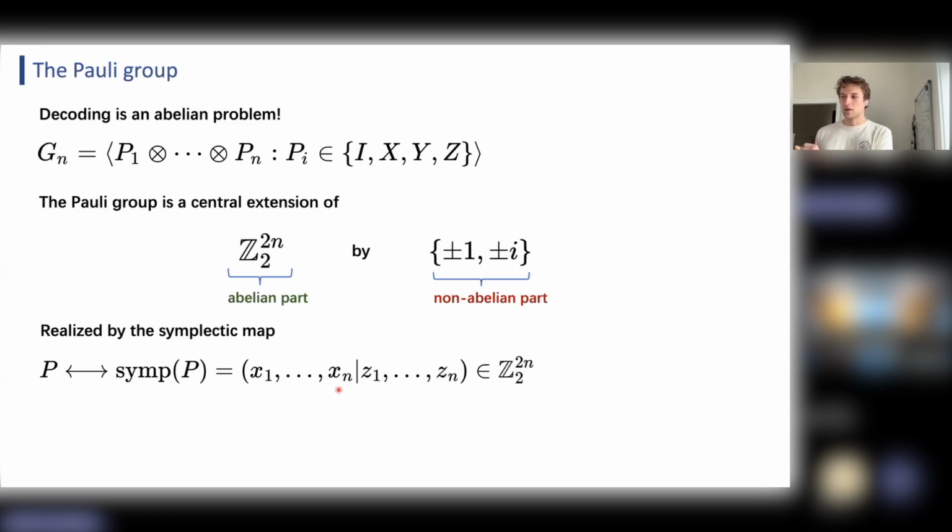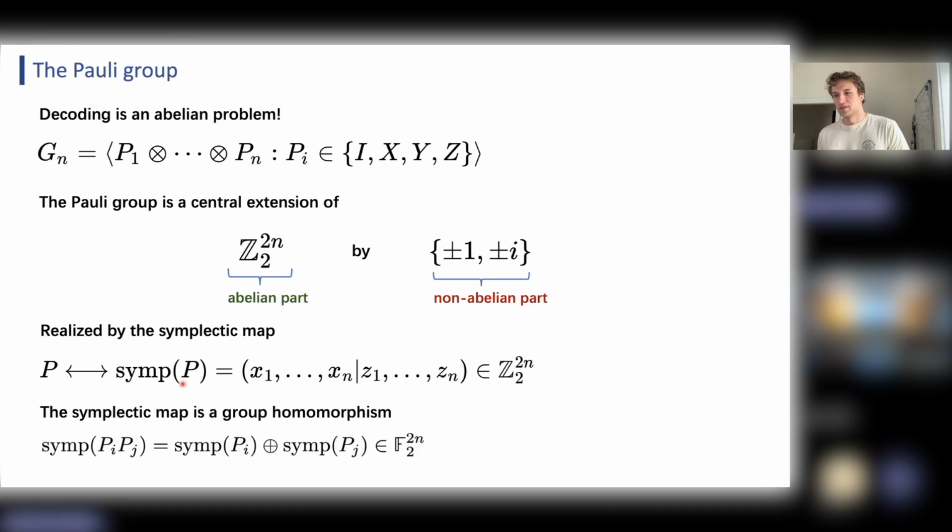Y is denoted as X times Z, so if you have a Y operator on some qubit, you have a 1 on the X part and a 1 on the Z part as well. This symplectic map is a group homomorphism. If you multiply two Paulis together, the symplectic maps just add together. This is fundamentally an abelian operation already. So even though multiplication in the Pauli group is non-abelian, under the symplectic map it becomes abelian.